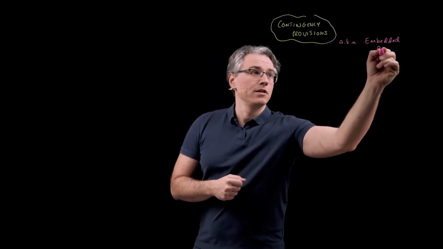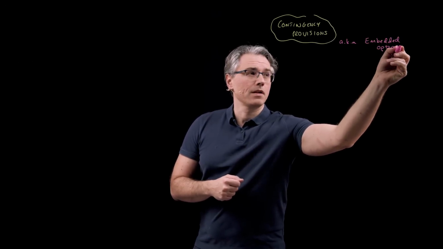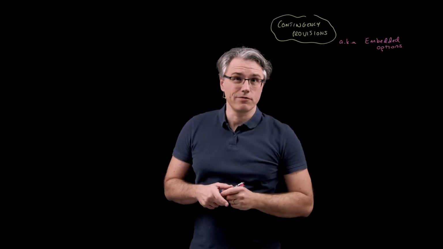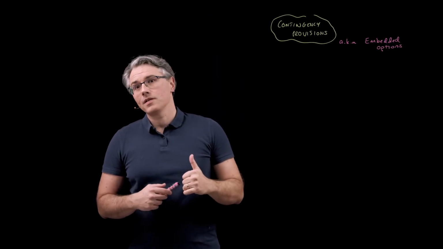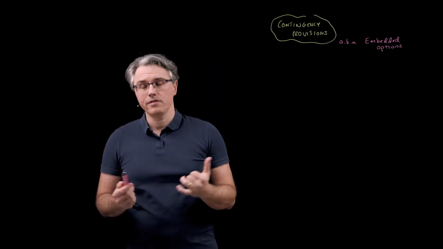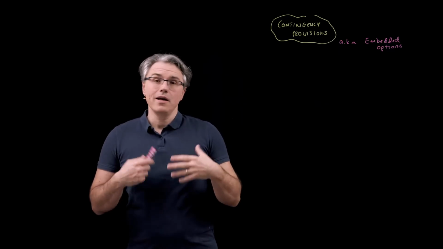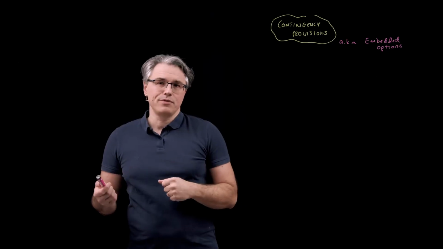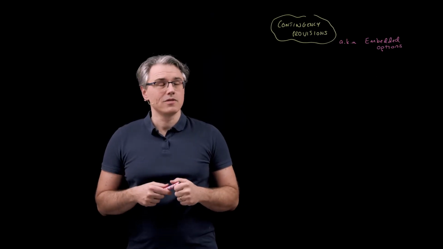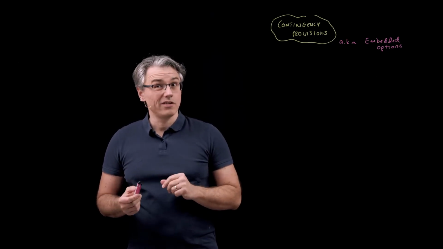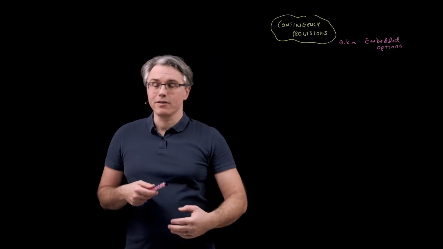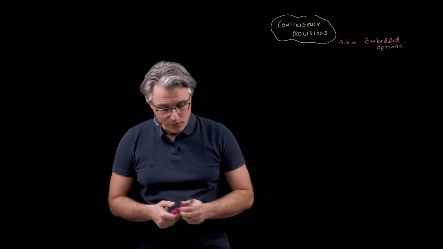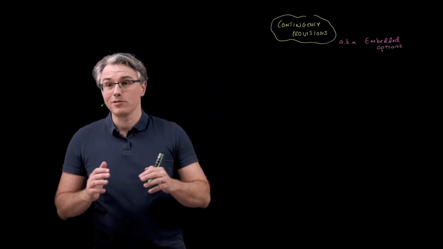And we're going to discuss three categories or three types of embedded options, namely call options that may be embedded into bonds, making those bonds callable, put options, making the bonds putable, and conversion options, making the bonds convertible.